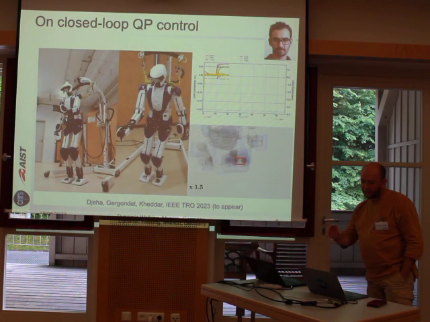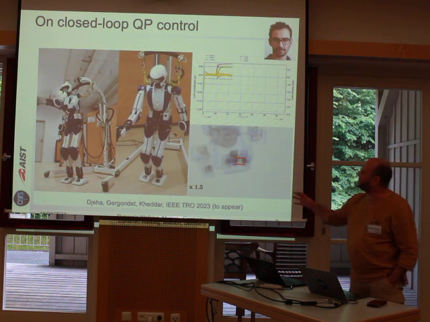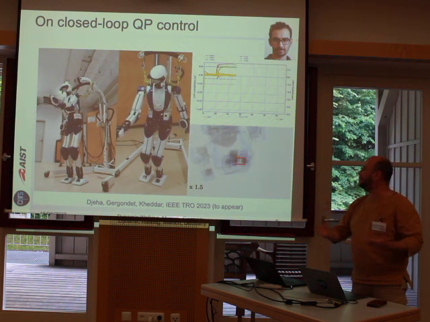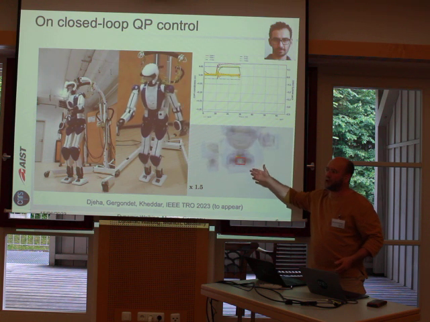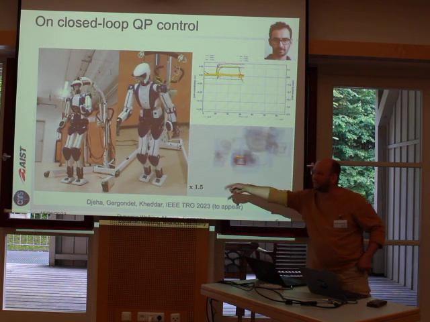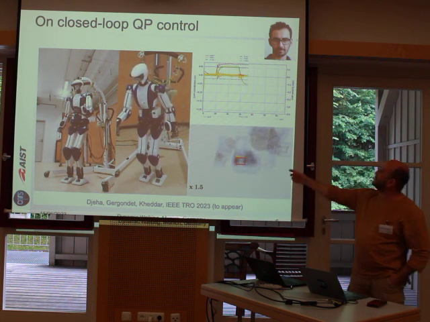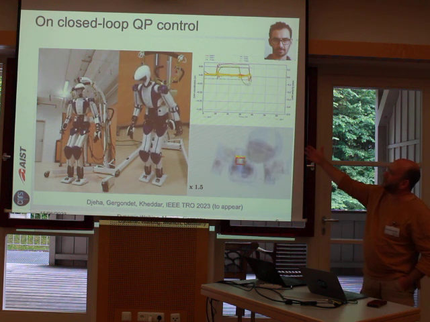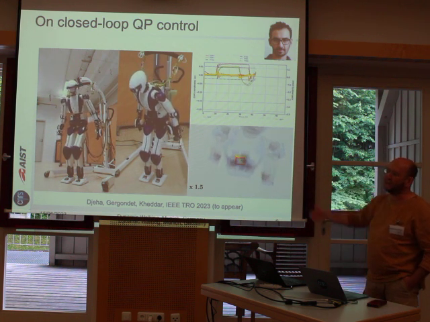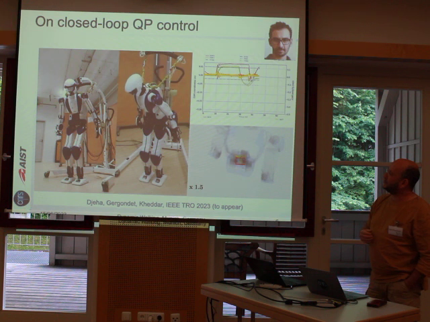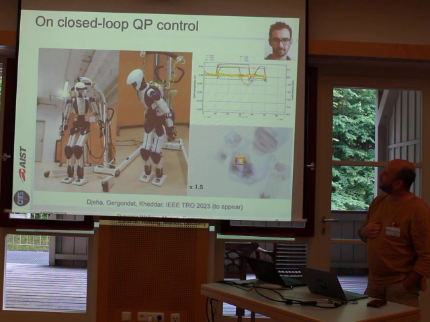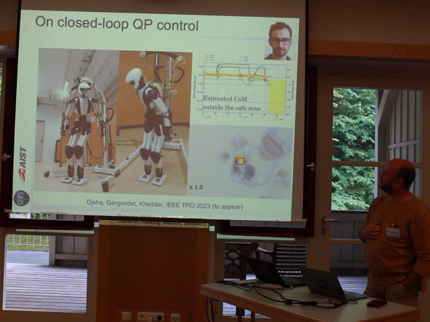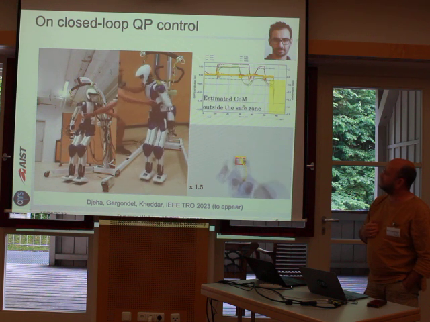Well, we took a small task which is representative. It's not, of course, one that we use, but we want to put the CoM in the region under the feet, which is a small square, and then we try to make the QP reproduce this in closed loop. And you will see that here the robot will simply fall.